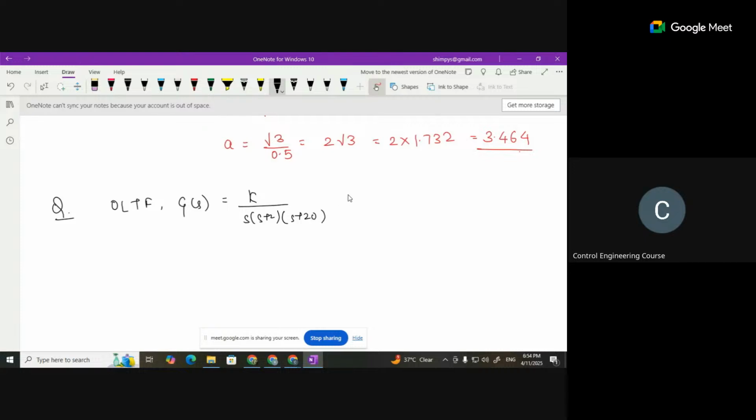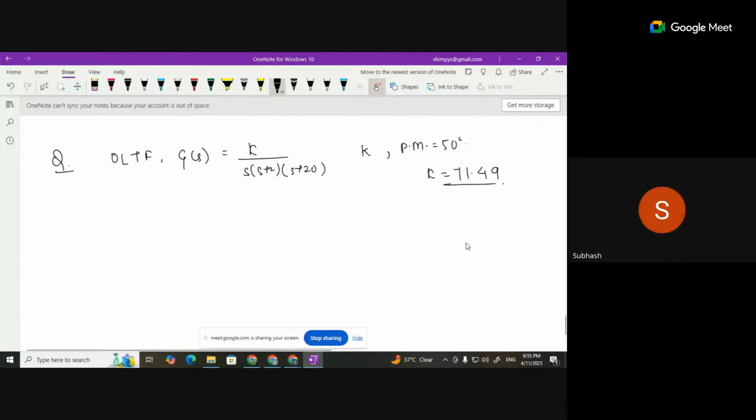So you have to find out the value of K for phase margin of 50 degree, and that too analytically without going for the plot. Fine. You try it. K will come out to be 171.49, right? You solve it.